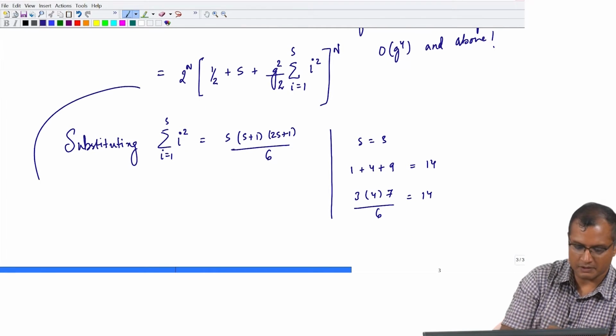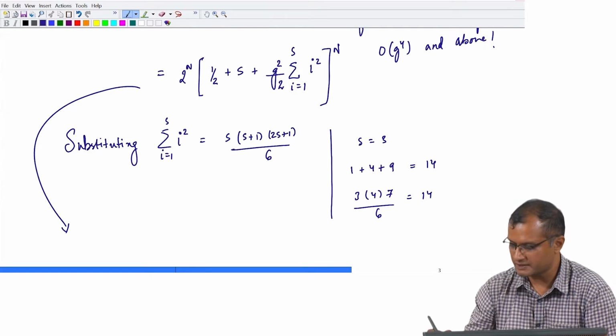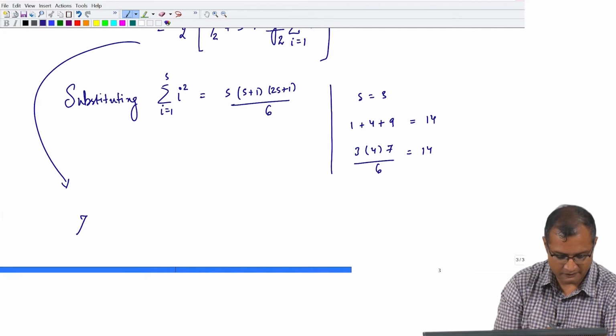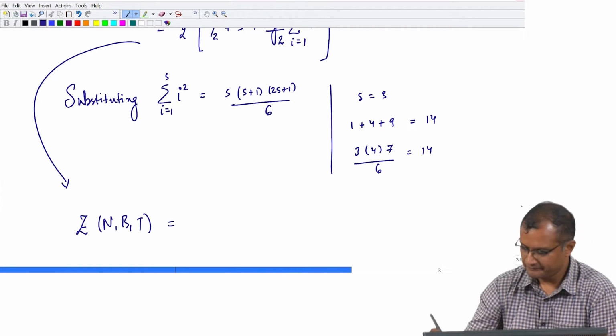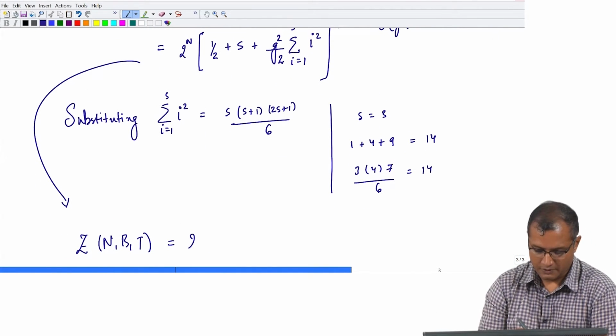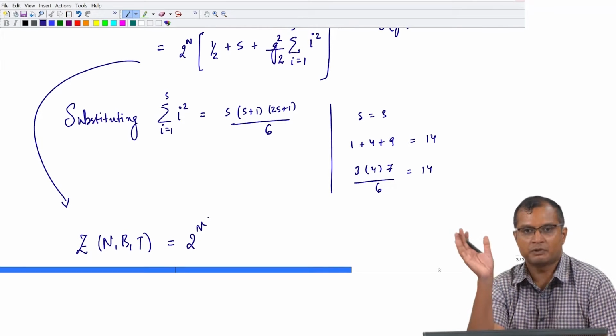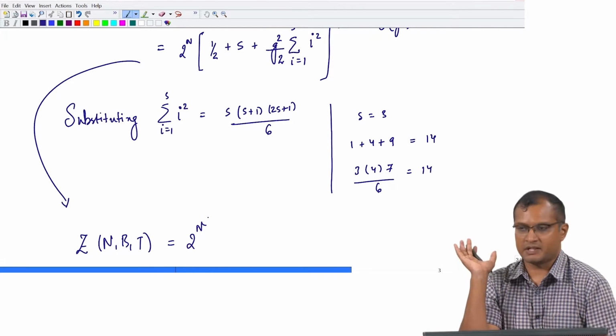And let us come back to our partition function. So our partition function is now, so we are doing all this hard work because I want to write down an approximate formula for the partition function at small field.